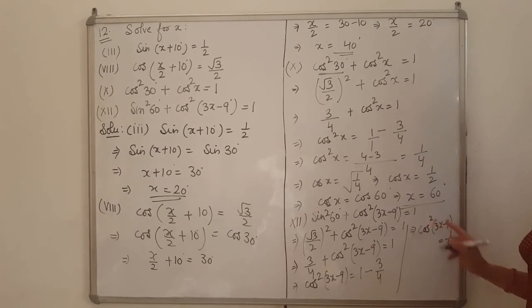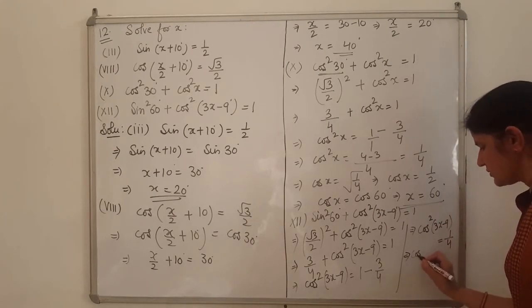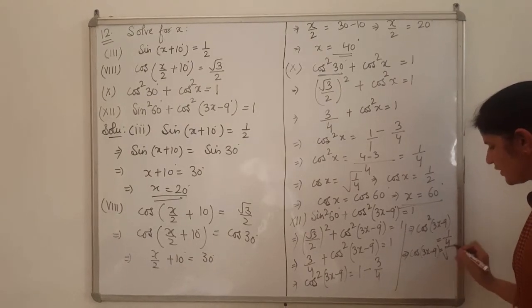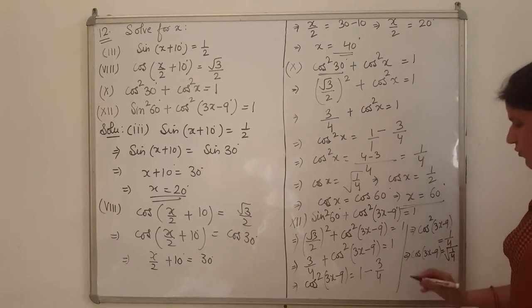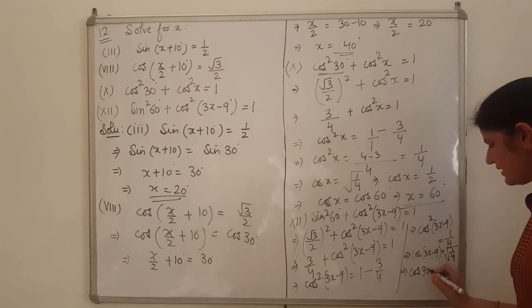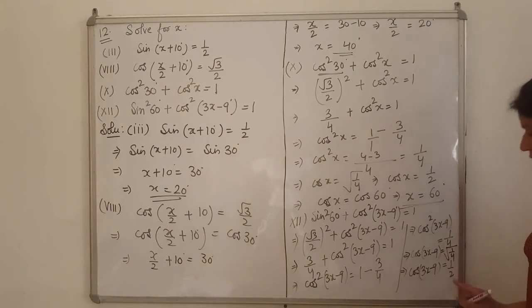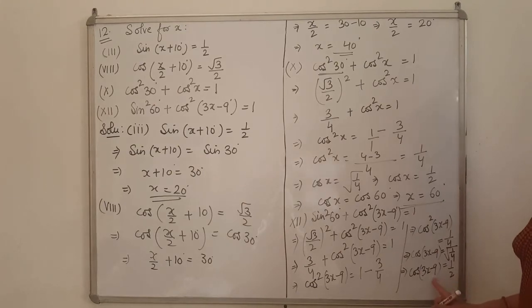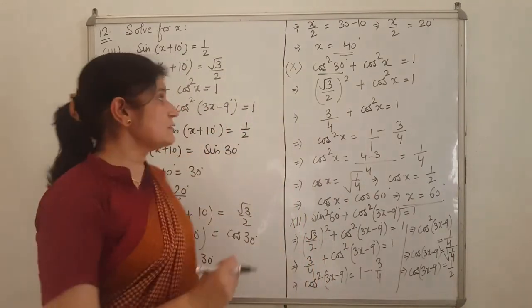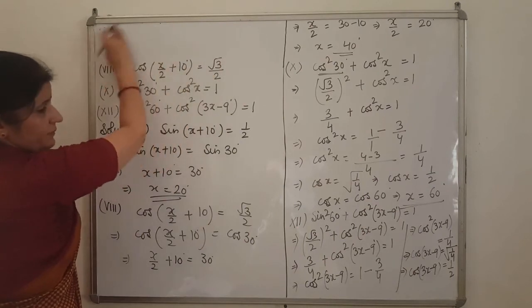Now this square will go in square root. Cos(3x minus 9) is equal to square root of 1 upon 4. So what will come? Cos(3x minus 9) equals 1 over 2. Now 1 over 2 is value of which angle in cos? It will be cos 60.